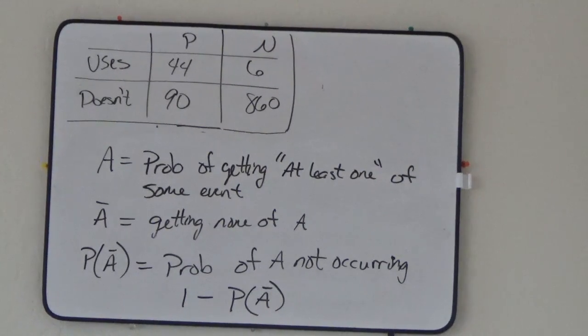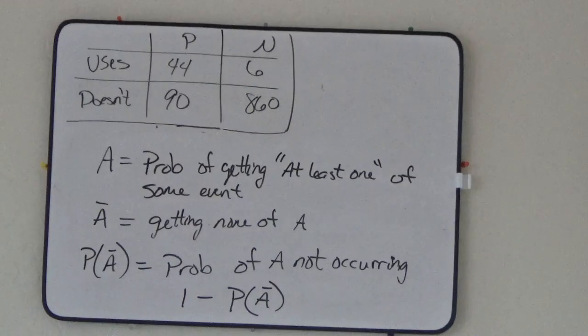So we have information indicating some event has already occurred, and we have to find the probability of a new event. Now, the complement is used for the probability of, quote, at least one, close quote.